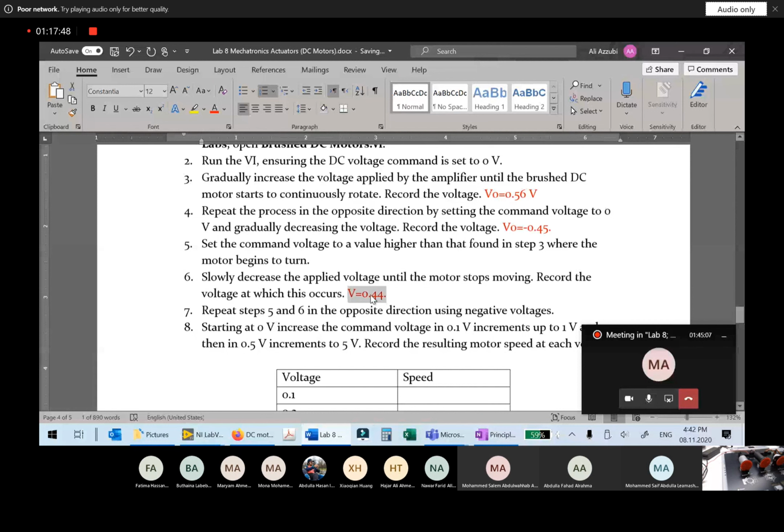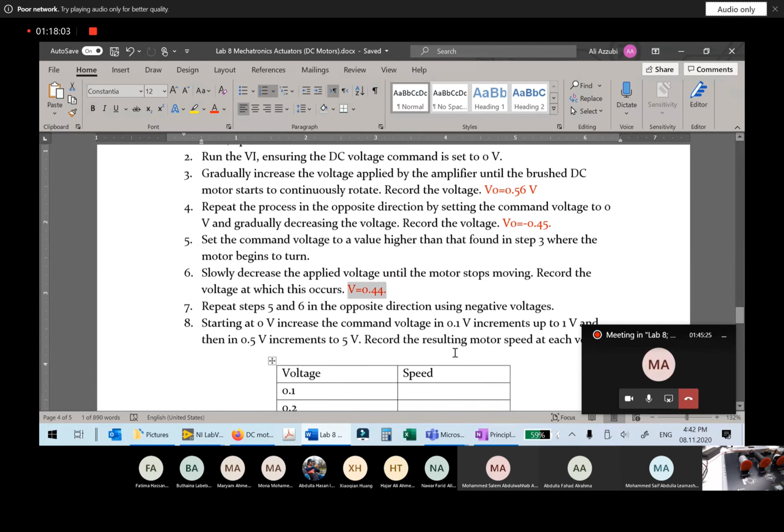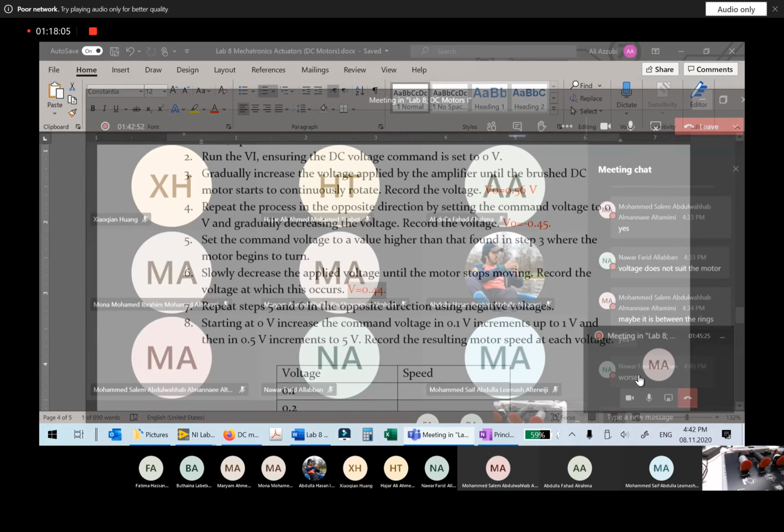Why are the voltages different here? This one is not equal to this one. Okay, we have to answer this. Let's see your opinions.